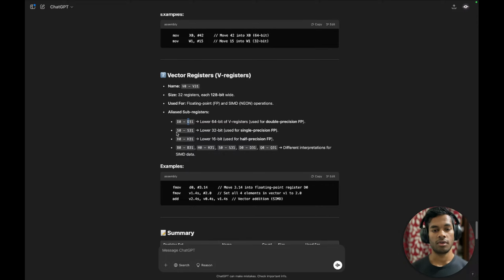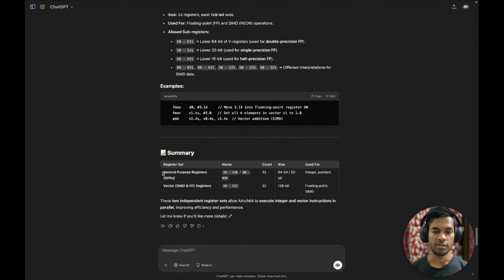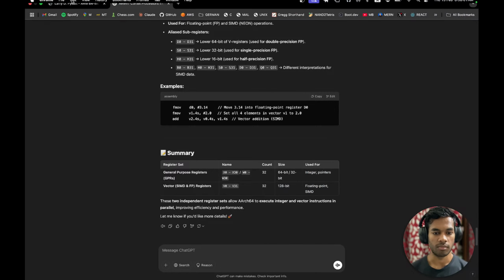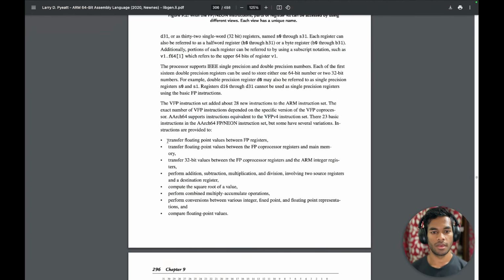Then I have single word 32-bit, then half word which is 16, and then a byte. These give different interpretations for SIMD data. Summary: general purpose registers and vector registers, 32 registers of 64-bit and 128-bit, integer and floating point. Okay.